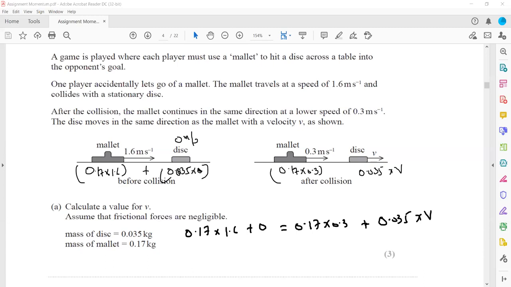After substituting the values, it will come out as 6.3 meters per second. Is it clear?